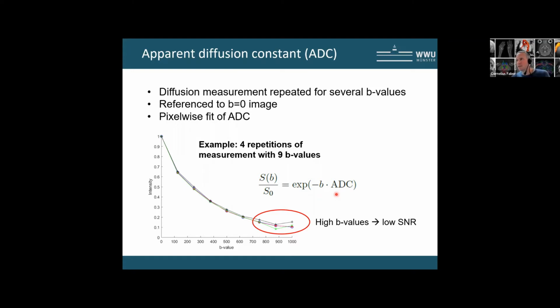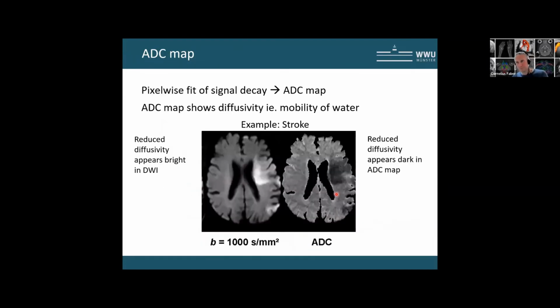And of course, the diffusion contains information about the microstructure. So why is that? Well, at first, we look at the result here. So if we do a diffusion weighted image, using, for example, a high B value of 1,000 seconds per square millimeter, this is an image of a human brain, a human patient that has an acute stroke in that case here.